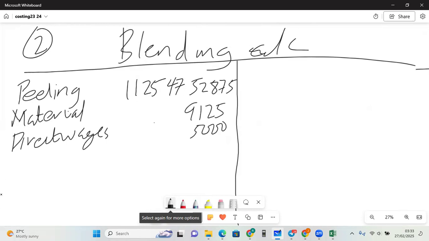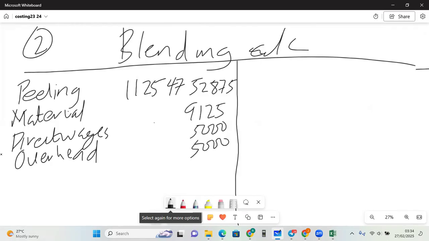Now, remember the company absorbs overhead at 100% of the direct wages. So overhead is going to be 5,000. So I think we are done with our normal cost.